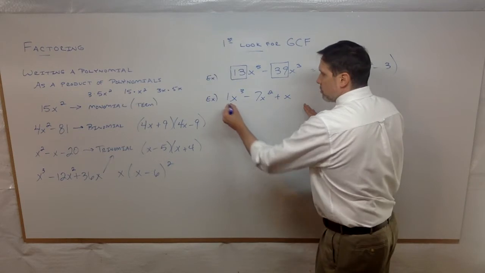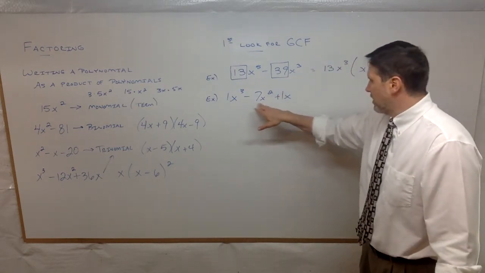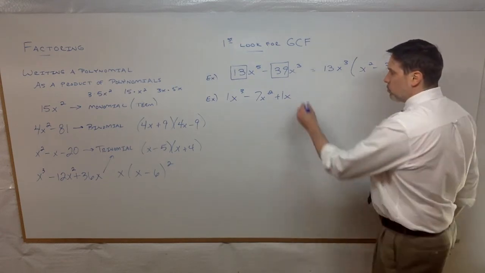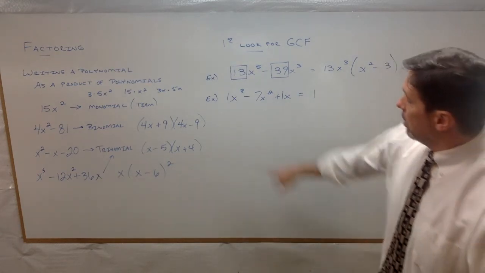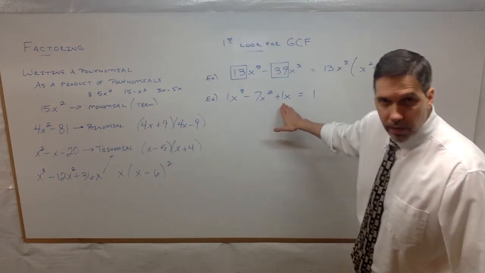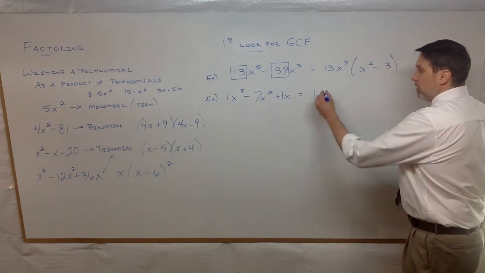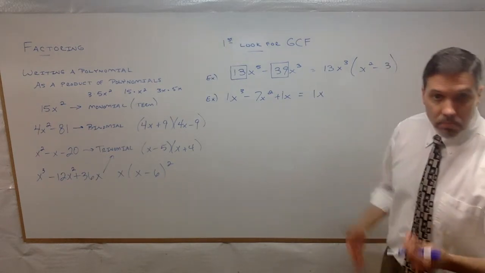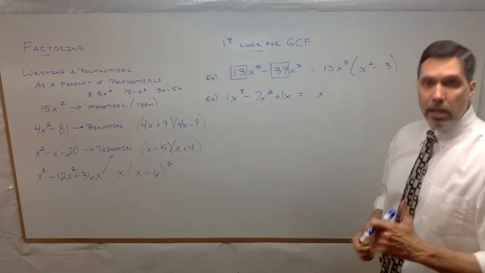Well, might as well start with the numbers. 1, negative 7, or let's just say 1, 7, and 1. The greatest common factor is 1. So we'll put a 1 just for a placeholder. 3 factors of x, 2 factors of x, 1 factor of x. What's the largest amount of factors of x they have in common? That would be just 1 factor of x. So 1x, or just x itself, is a better answer. That's your GCF.